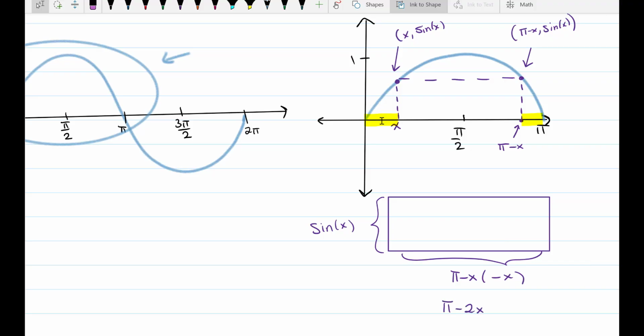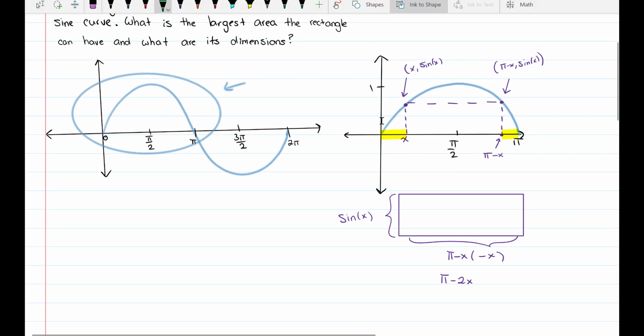So what we want to do is we want to maximize that. First of all, let's talk about our domain. Well, we know the domain just by looking at the graph. It is going to be 0 to pi.